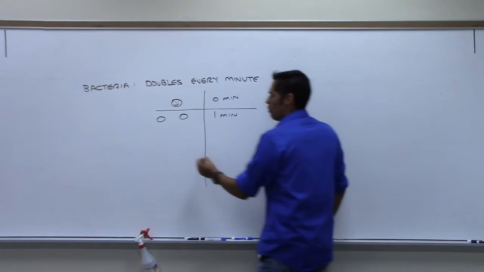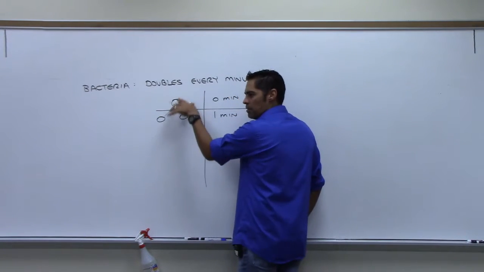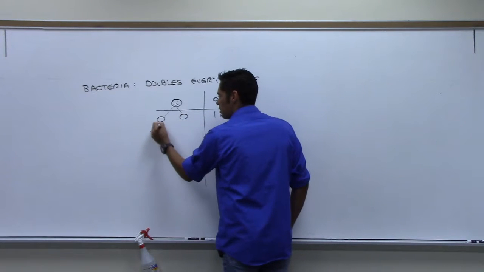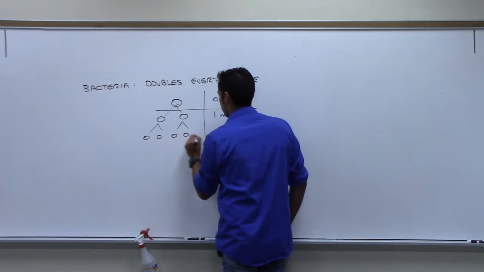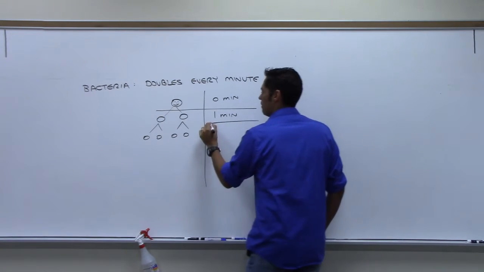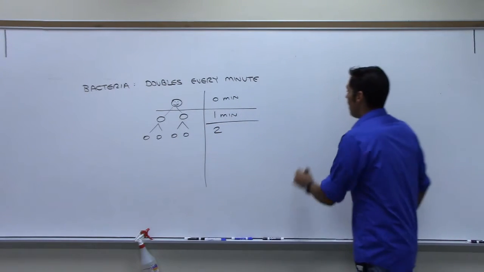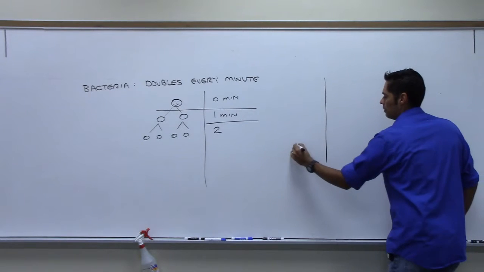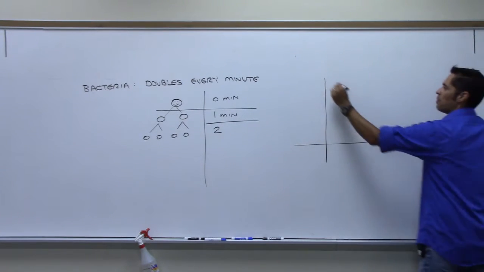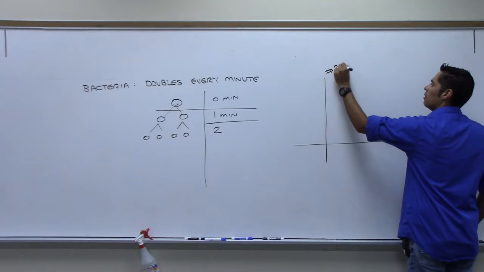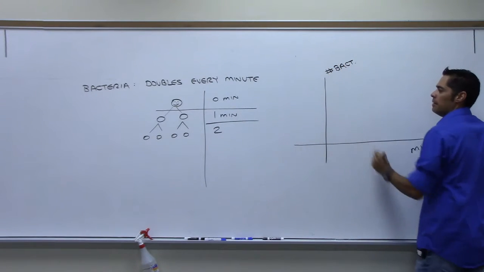4. What's happening here is that one splits into 2, and now the next one's going to split into 2. This one's also going to split into 2, so you're going to have 4 after 2 minutes. If I were to draw this with minutes on one axis and the number of bacteria on the other, look at what this picture looks like.